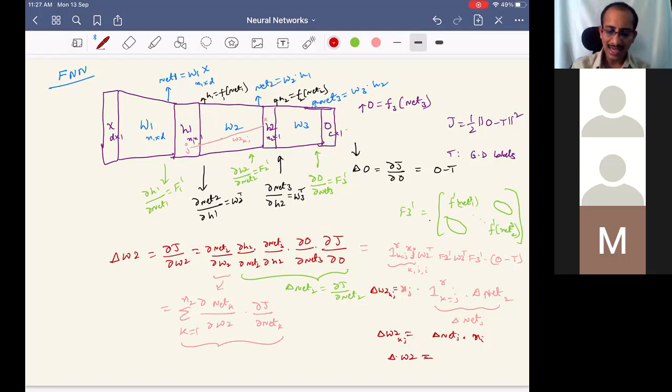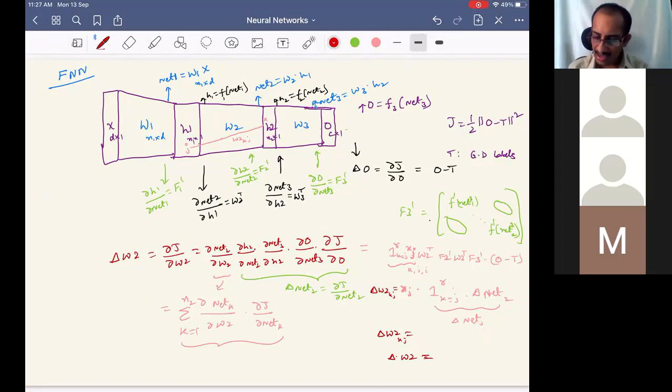This is delta net j, n1, net 2 is, sorry, please note net 2 here. How did we write it in the last class? You people did not remember. See, what we are trying to write is kz.